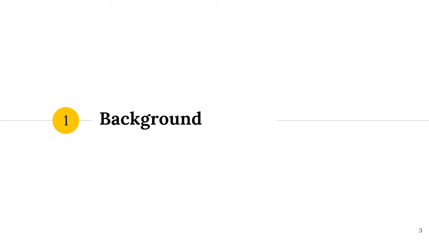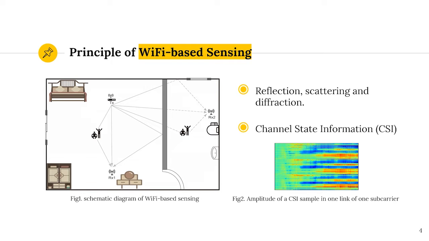So first, we talk about the background. The rationale behind Wi-Fi-based sensing is that human behaviors can bring about singular fluctuations that can be extracted from the physical layer feature of Wi-Fi, namely Channel State Information (CSI).